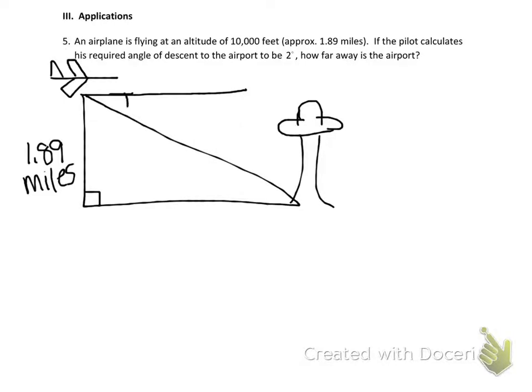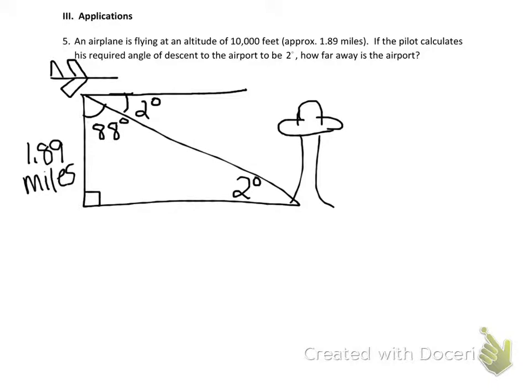So this angle right here is 2 degrees, making this one within the triangle 88, because it forms a 90-degree angle, and 88 and 2 is 90. For the same reason, you have 2 degrees down here also because they are corresponding.